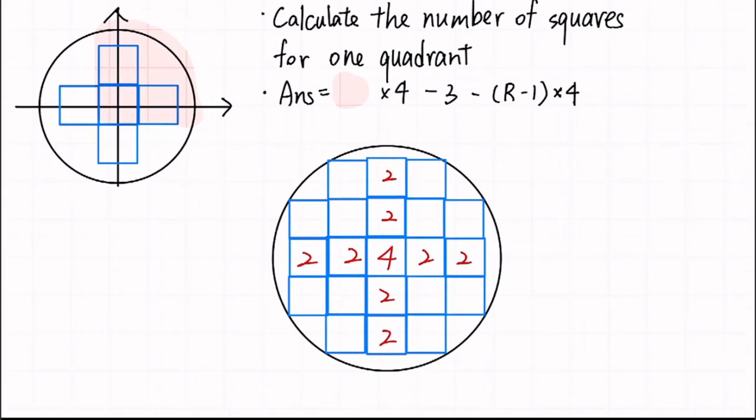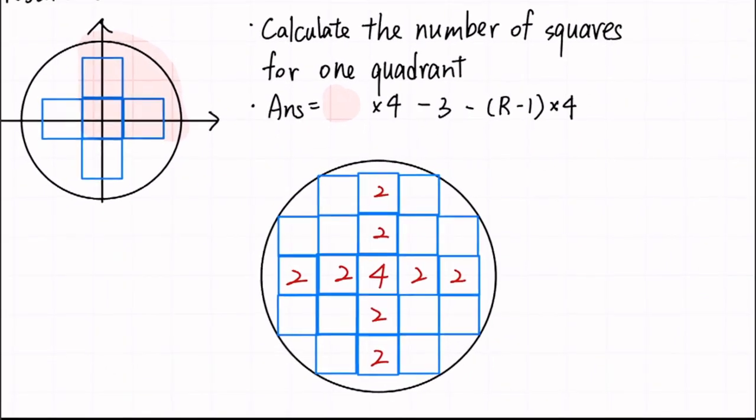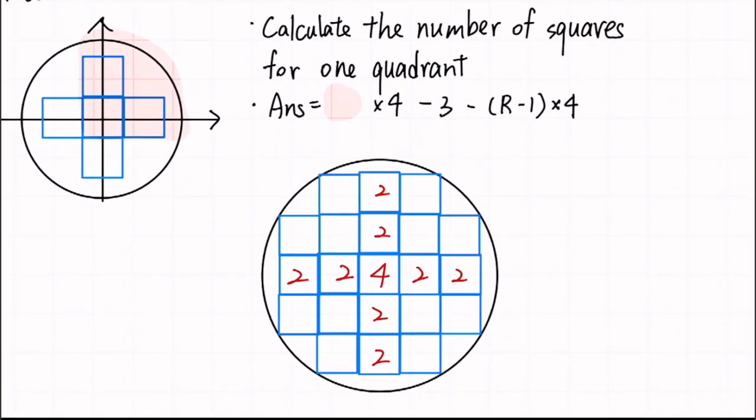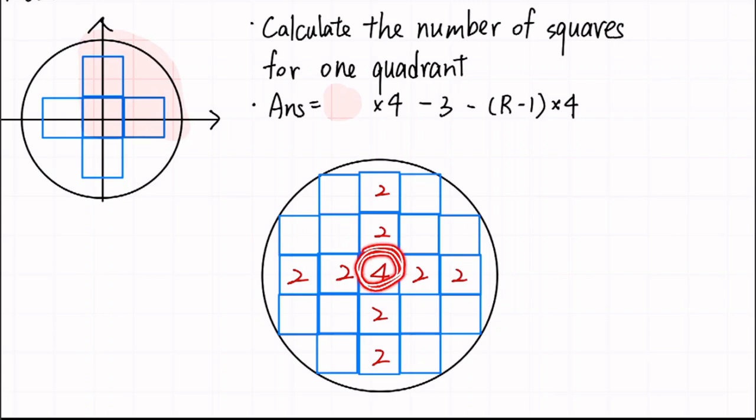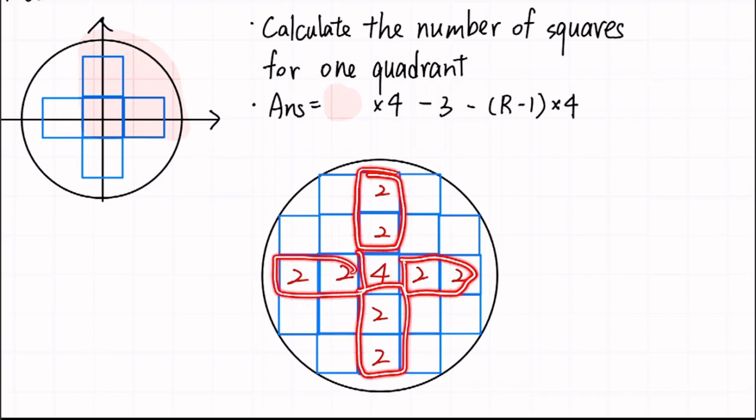And so if we look at this larger circle with radius 3, we realize that if we calculate the answer for one of the quadrants and multiply it by 4, then the center square will be calculated 4 times, and the squares on the y and x axes will be calculated 2 times.